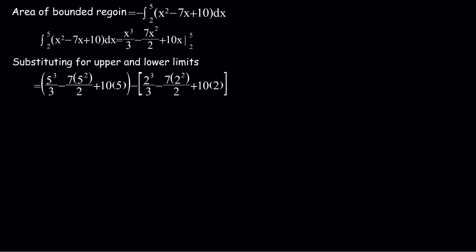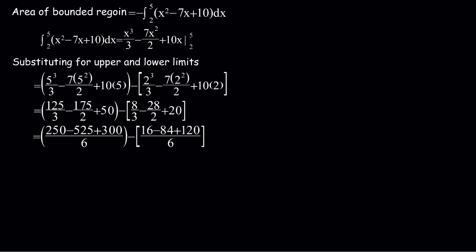Now, simplifying our fractions further, it will be equal to, in bracket, 125 divided by 3 minus 175 divided by 2 plus 50, minus, in bracket, 8 divided by 3 minus 28 divided by 2 plus 20, which should be equal to, in bracket, 250 minus 525 plus 300 divided by 6, minus, in bracket, 16 minus 84 plus 120 divided by 6, which should be equal to 25 divided by 6 in bracket minus 52 divided by 6 in bracket.